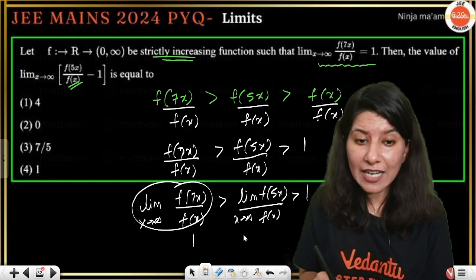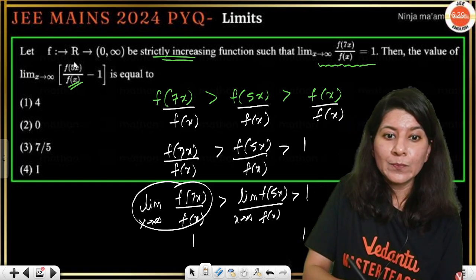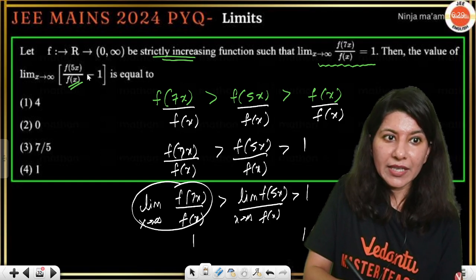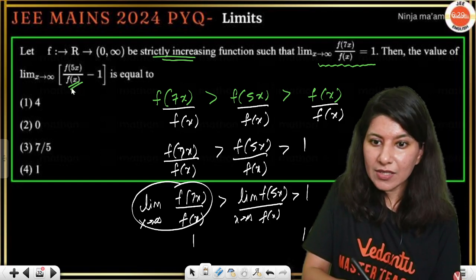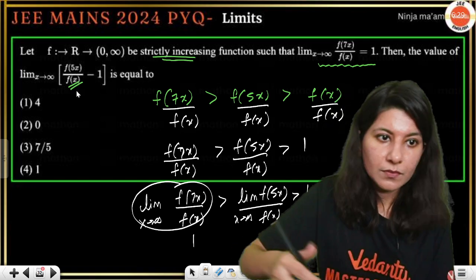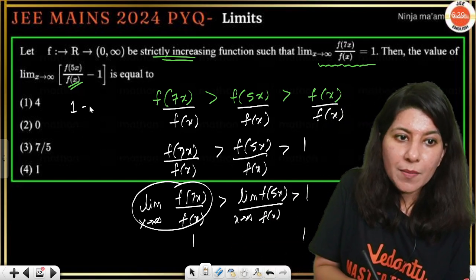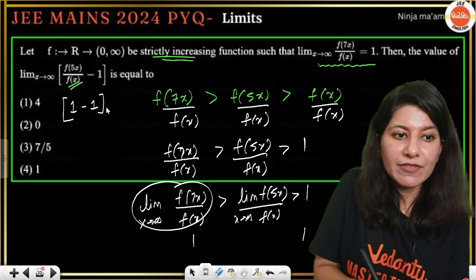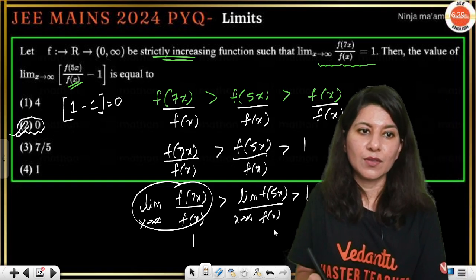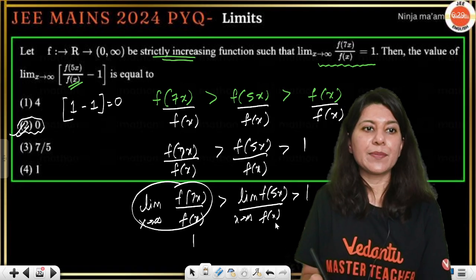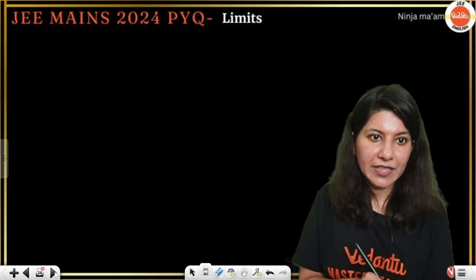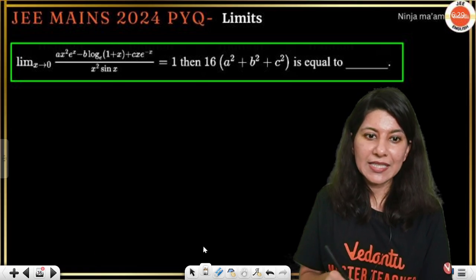With the use of the sandwich theorem, we can say that this value will be 1 only. 1 minus 1 will become 0. So 0 is absolutely right. Okay. All right. Perfect. Next question. Let us move towards the next question.